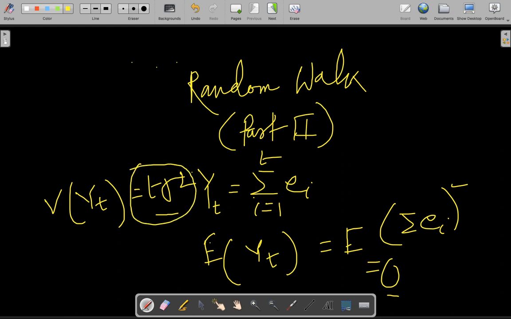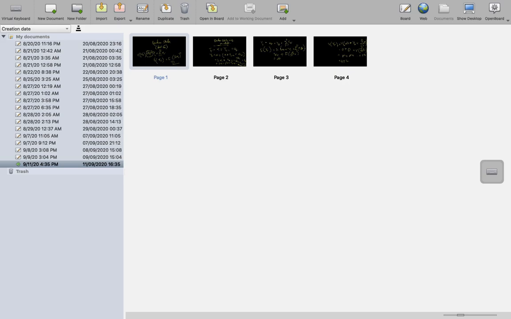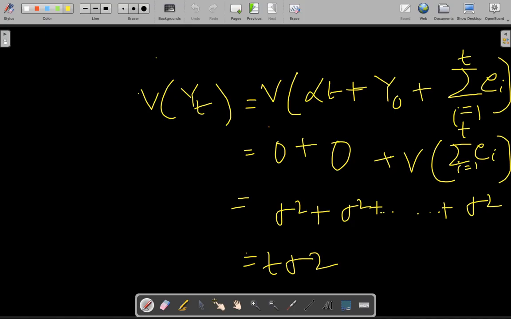Whereas for the random walk without a drift I have mean equal to 0, for the random walk with a drift I have mean equal to alpha t.